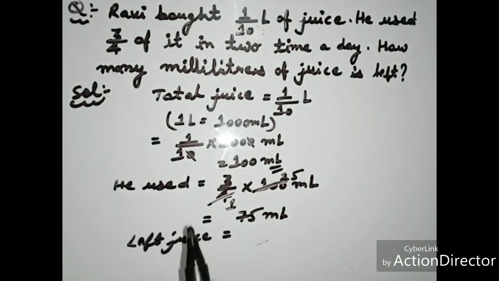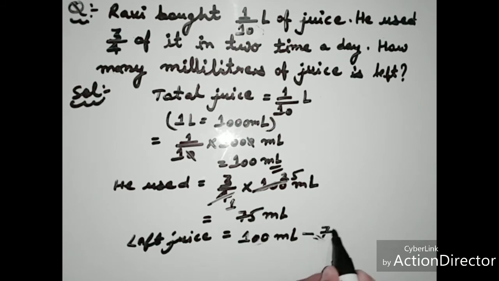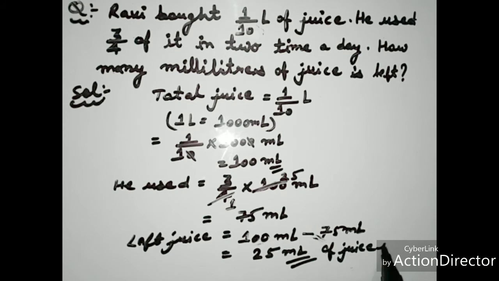So left juice equals total juice minus used juice. So 100 milliliter minus 75 milliliter. So here the left juice equals 25 milliliter. So here we write 25 milliliter of juice is left.